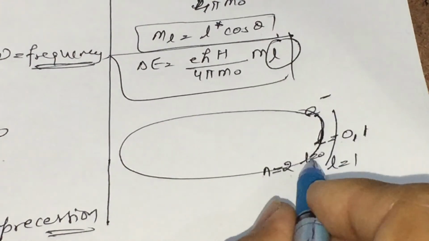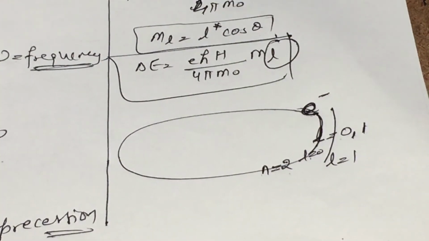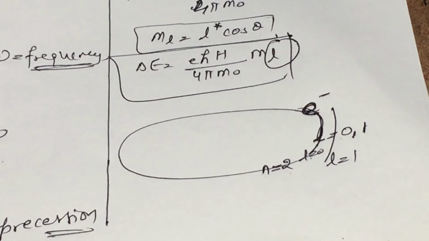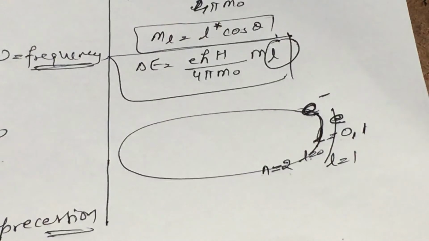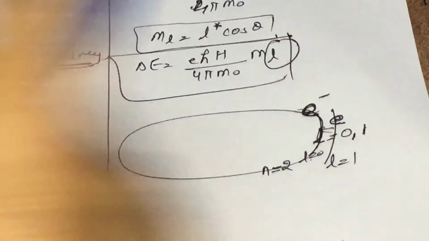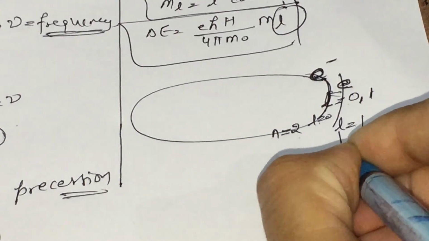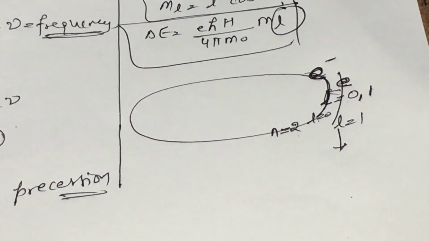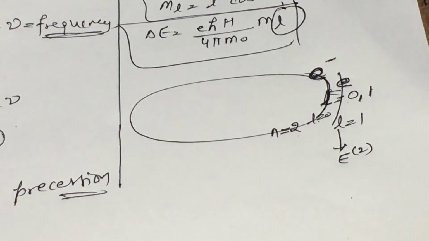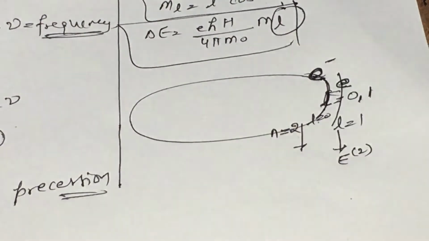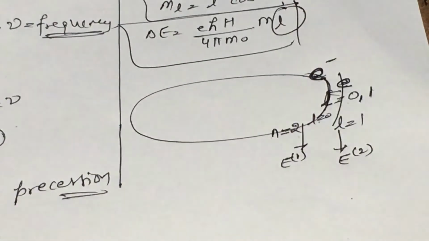If the electron is moving in L is equal to 0 and it goes into L is equal to 1, it means there is an exchange of energy. And if it is moving in L is equal to 1 and comes into L is equal to 0, it means again there is an exchange of energy. Let us consider the energy of the electron present in L is equal to 1 as E2, and the electron present in L is equal to 0 is represented by E1.